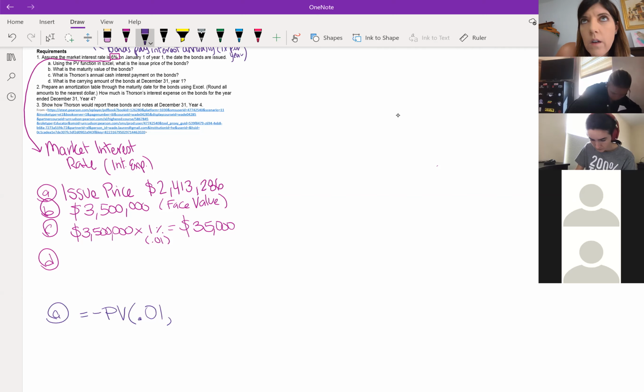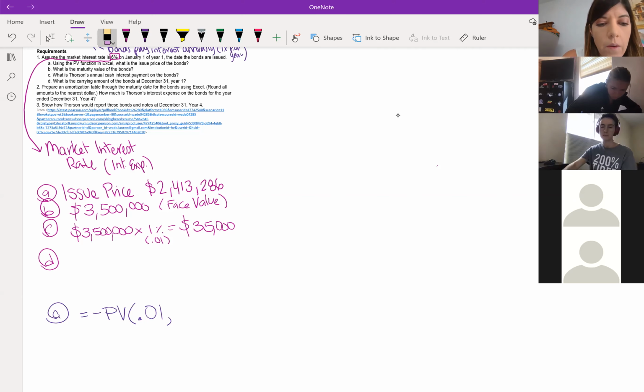And if you're coming up with the wrong number, always check those conversions first. Check every single number that you're using in the calculation for your present value. The market interest rate at the date of issuance is 6%, 0.06. For whatever reason, my brain keeps saying it's 0.1.